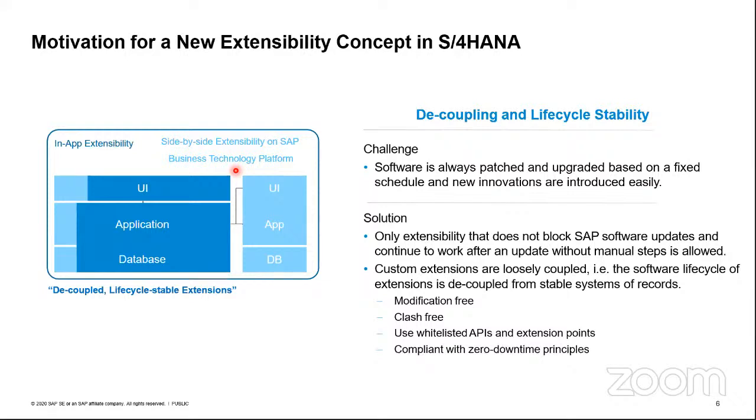So if someone on S4 follows the new extensibility concept, which follows a modification-free and clash-free approach of extensions using the whitelisted APIs and the extension points, you would be able to comply with the zero downtime policies and principles, so that even while SAP is upgrading, nothing would happen to the system.